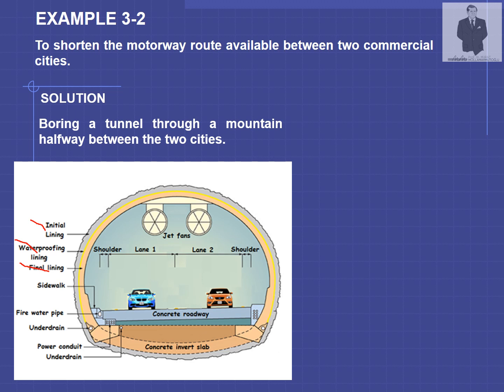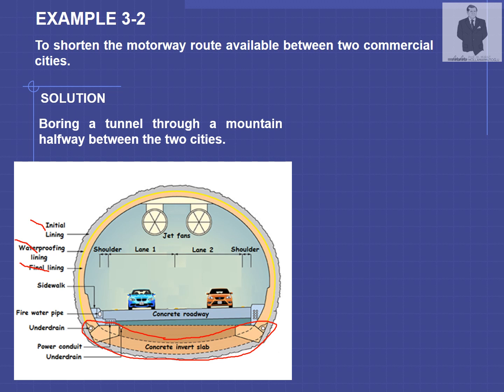The first step in the construction of the final lining is to pour the concrete of the inward slab as shown here. This is the inward slab segment of the whole final lining system. Now, the first step is to construct these before lining the rest of the section.